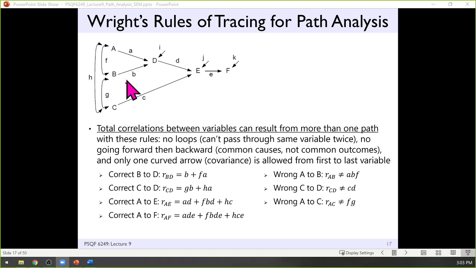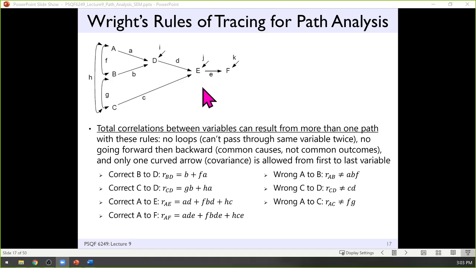If I want to go C to D, then I can go over to B and then down to D. Or I can go from C over to A and then go down to D. But I can't go from C down to E and then come back up. So it can get very tricky to figure out how the model predicts relationships.